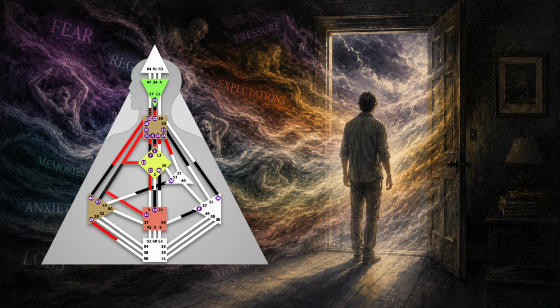This creates a specific pattern, oscillation between hyperactivity and total stillness, without understanding what triggers either state. The person with a completely open root is entirely at the mercy of the pressure environment.